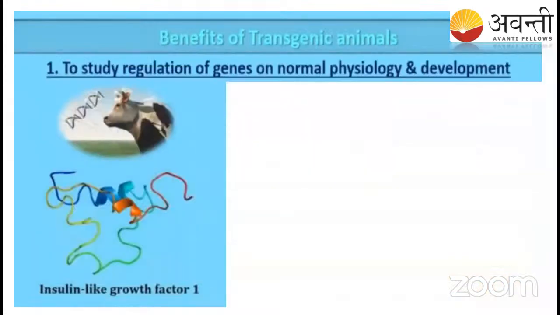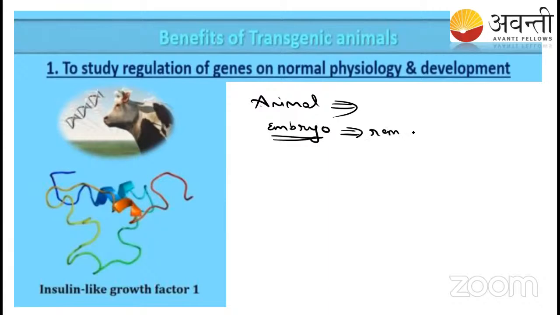For example, in the study of normal physiology, take an animal embryo and remove one gene. After removal of that gene, tail development did not happen.